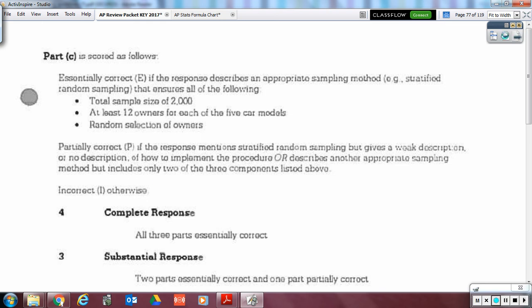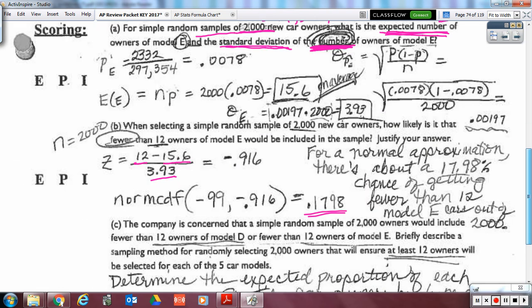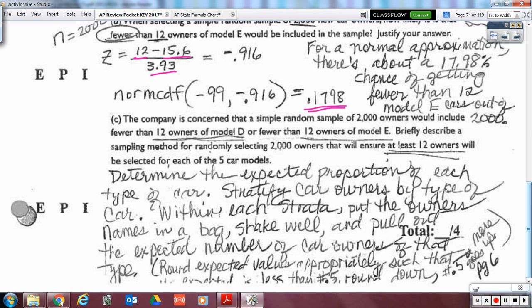And so now let's go over to part C. And so the final thing says, you know, they are concerned that a sample of 2,000 would include fewer than 12 owners of model D or fewer than 12 owners of model E because those were such small probabilities. Describe how you might sample so that you can ensure that you will have at least 12 owners. So here's how I said that I want to do this: proportionately to what is in the population.